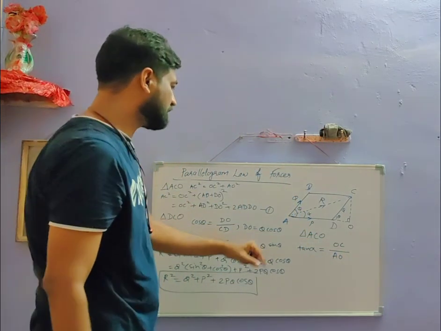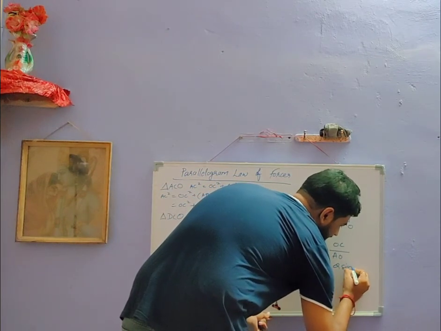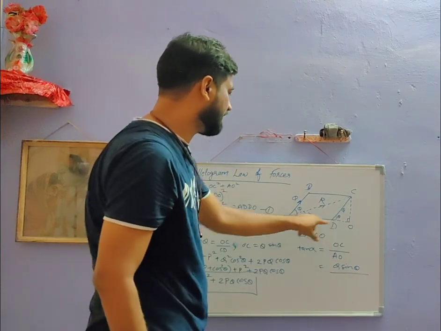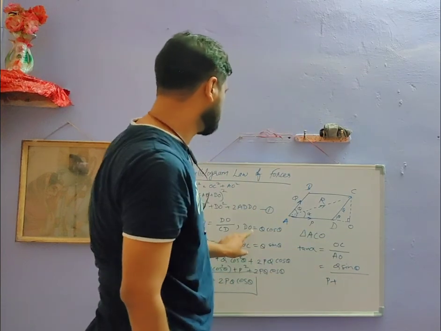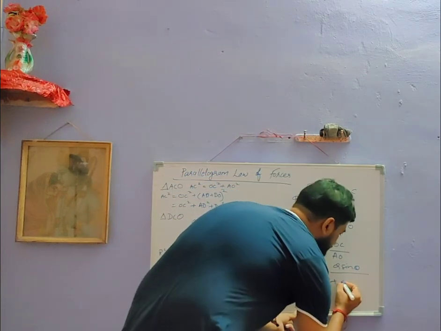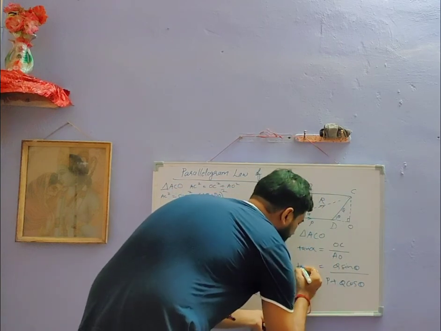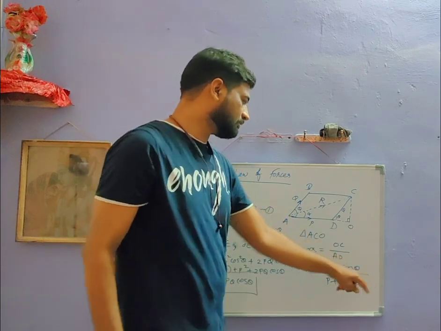OC is represented by Q sin theta and AO is AD plus DO, that is P plus Q cos theta. So tan alpha is equal to Q sin theta upon P plus Q cos theta.